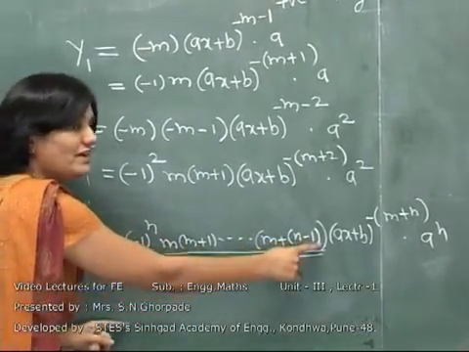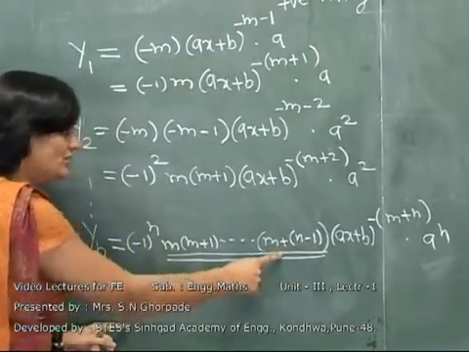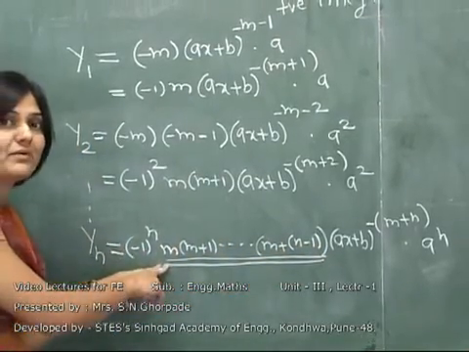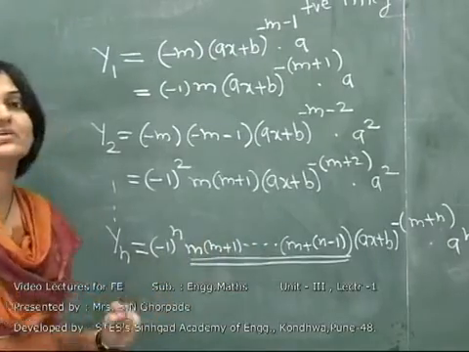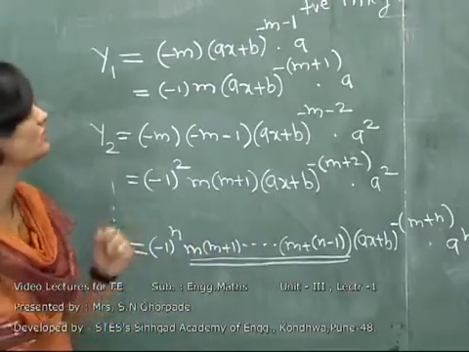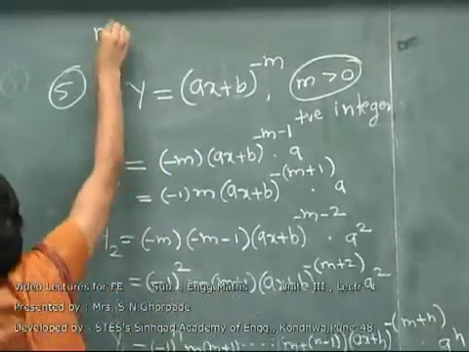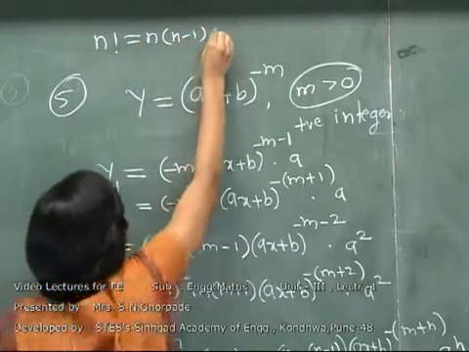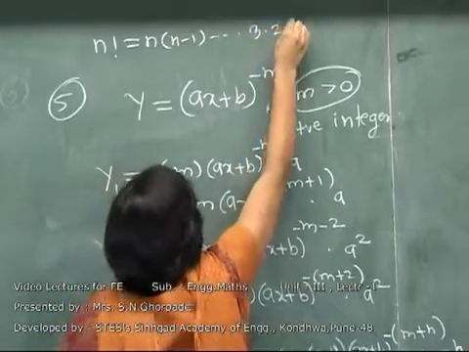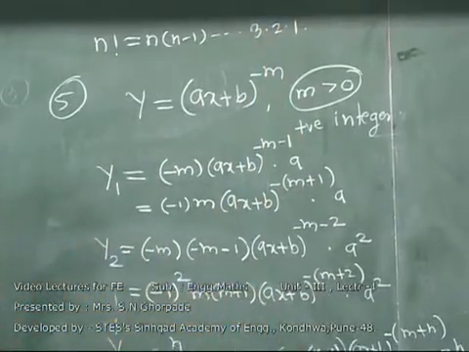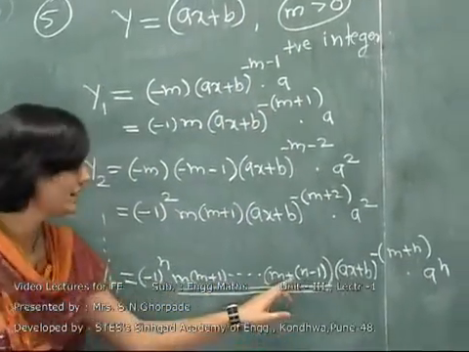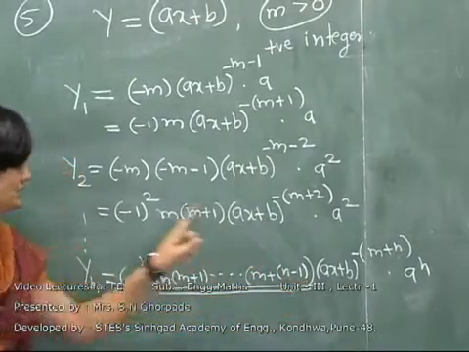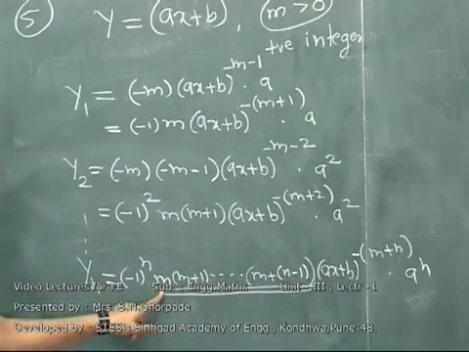M plus n minus 1, this number is reduced up to m. We can convert it into factorial notation because we know that n factorial is n, n minus 1, reduced up to 3, 2, 1. Here the number m plus n minus 1 is reduced only up to m.